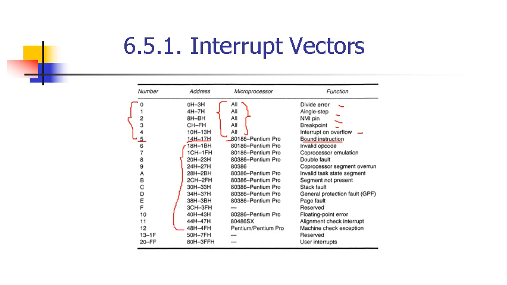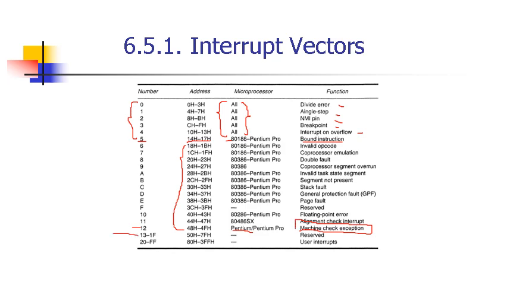They used interrupt vector number 12 for the Pentium Pro to store an interrupt service routine used for machine check exception.